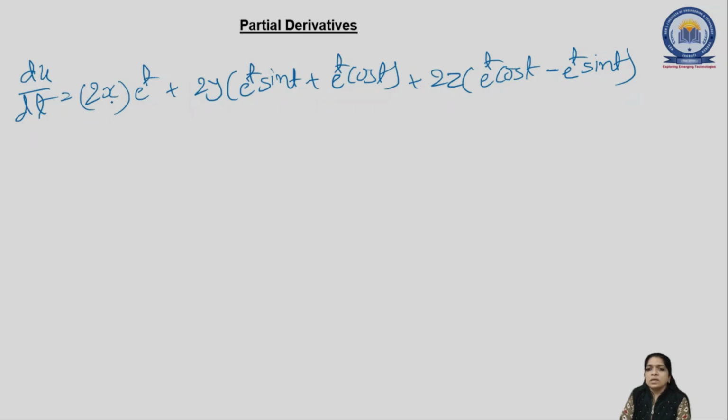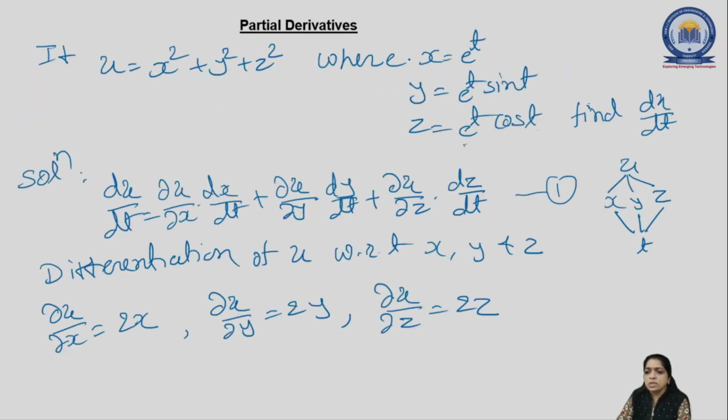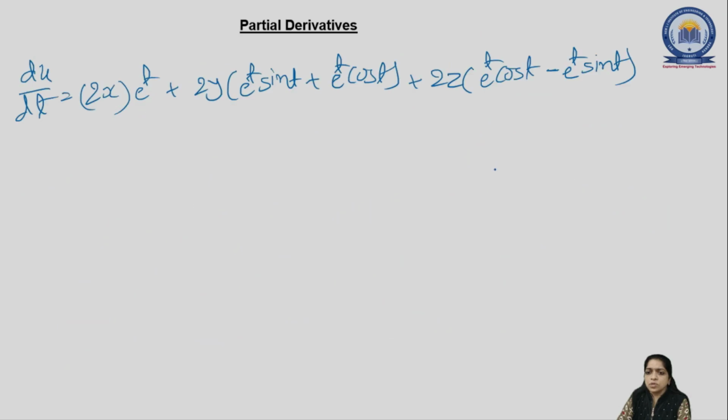Now the value of x is e raised to t, value of y is e raised to t sin t, and z is e raised to t cos t. So now we are substituting the values of x, y and z here.